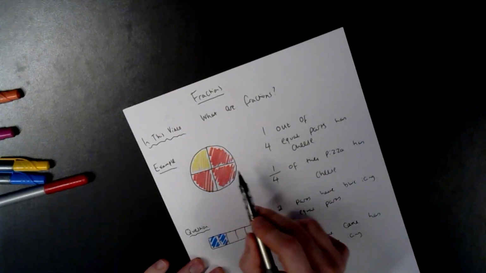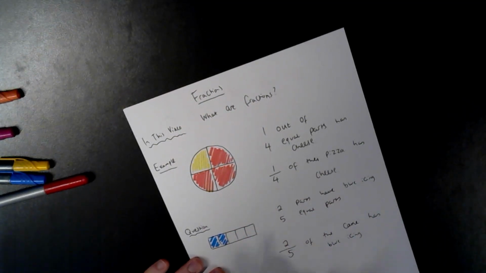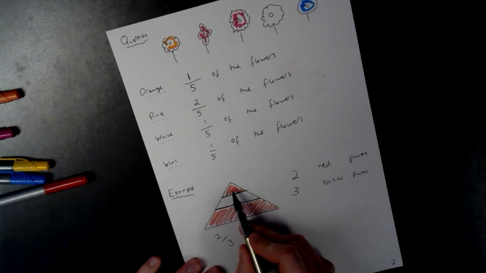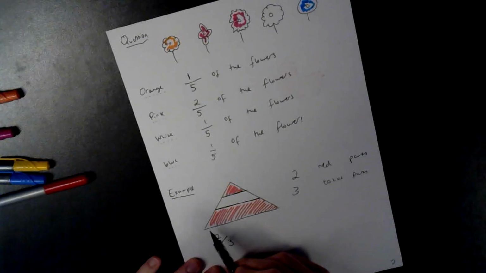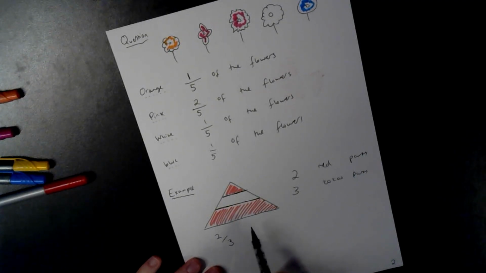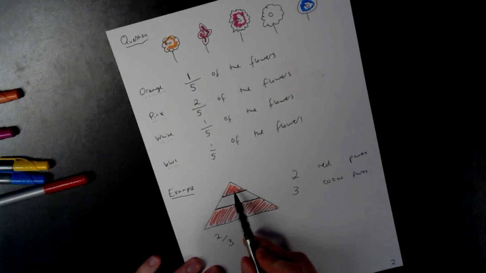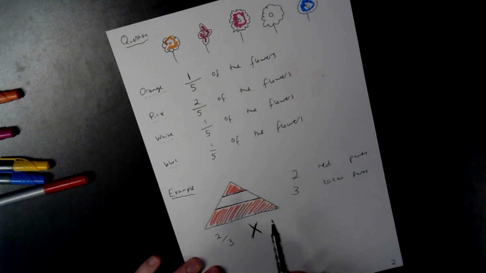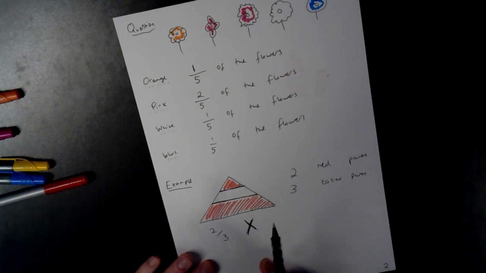So we've got equal parts of the pizza or equal parts of cake. Here, we don't have equal parts in this triangle because this red bit at the bottom is a lot bigger than this white bit or the red bit at the top. So actually, we can't write this as 2 out of 3 because it would need to be 2 out of 3 equal parts, which we don't have.